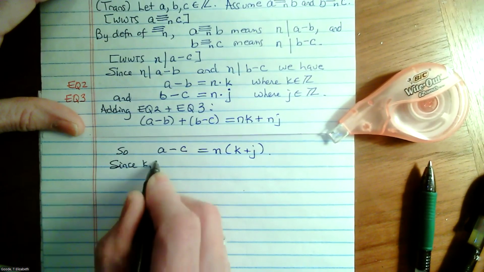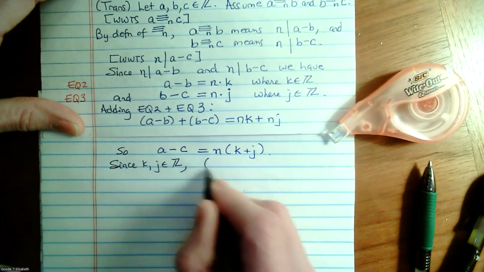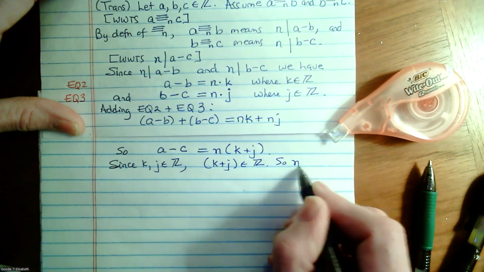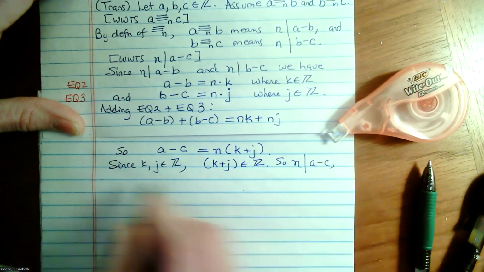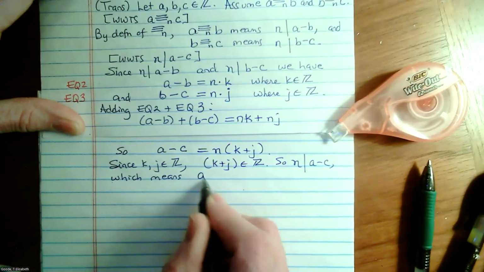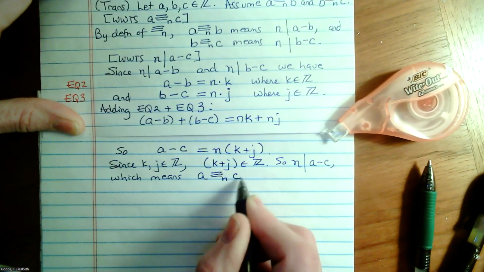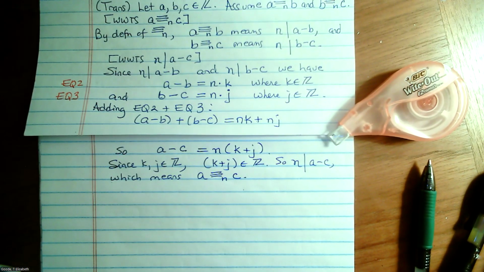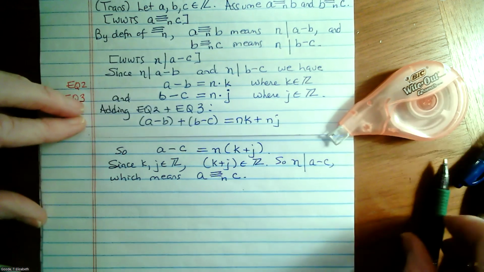Since K and J are in Z, the quantity K plus J is in Z. So N divides A minus C, which means A is congruent mod N to C. And that's what it looks like to prove congruence mod N is an equivalence relation. It's reflexive, symmetric, and transitive. And that's actually the definition of an equivalence relation.